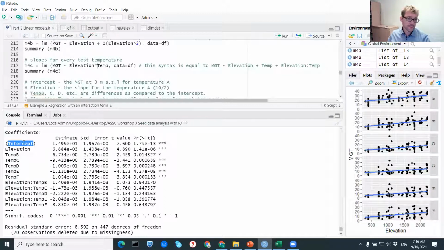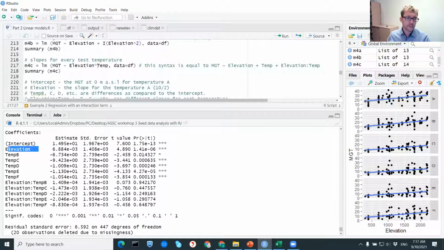First of all, the intercept line: you can see the temperature A is missing in the output, but it is still there, hidden behind this intercept term. So in this particular case, the intercept means an intercept for the temperature A, meaning that at 0 meters of elevation, the mean germination time for the seeds tested at temperature 10.2 is 1.5 or 15 days, right?